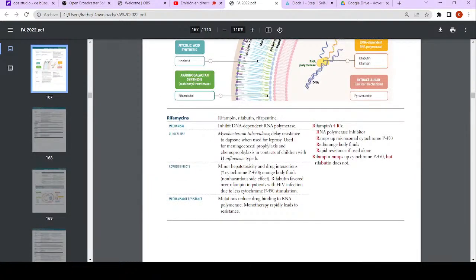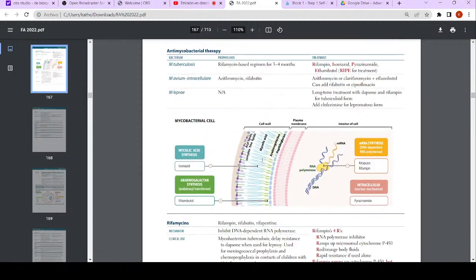Okay, here is the mechanism of resistance, mutations in the RNA polymerase of Mycobacterium tuberculosis. Well, actually, it's important to review this.